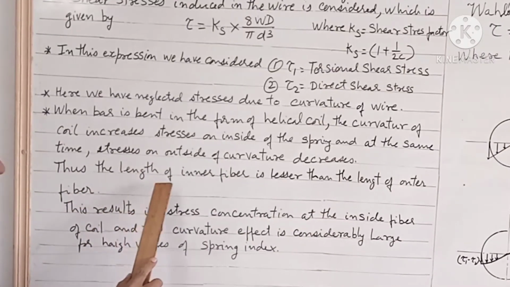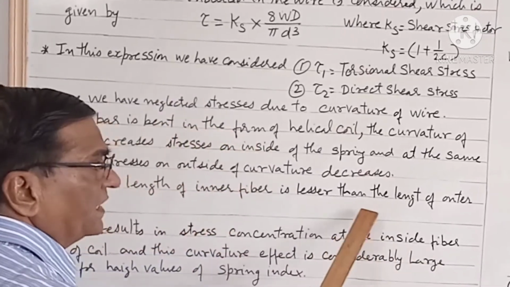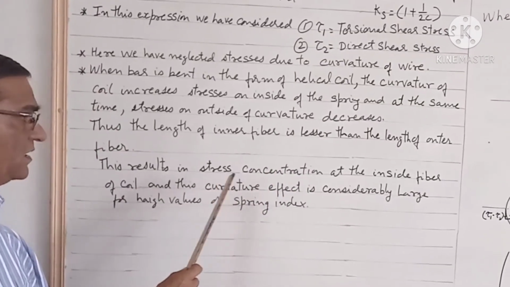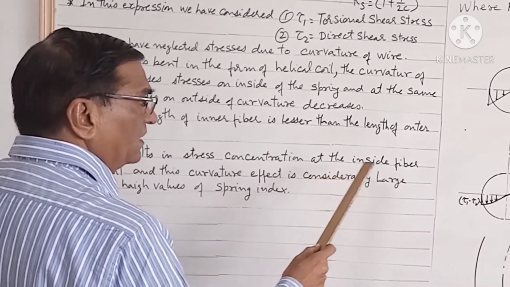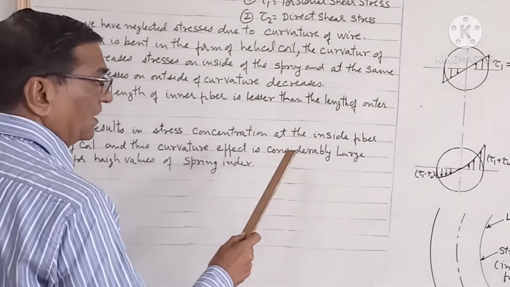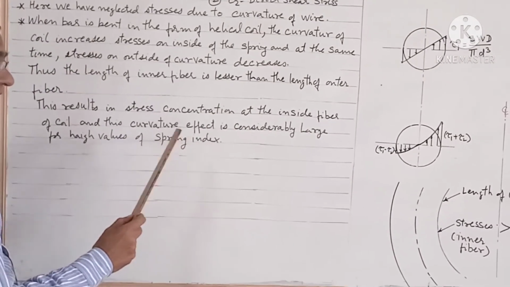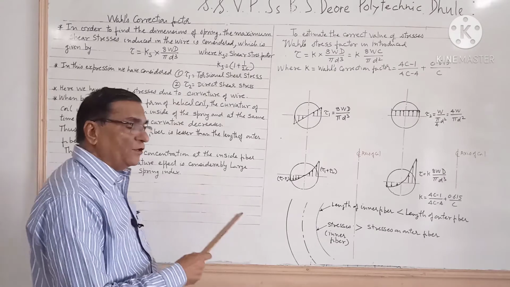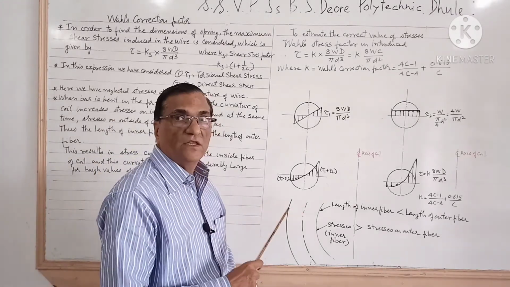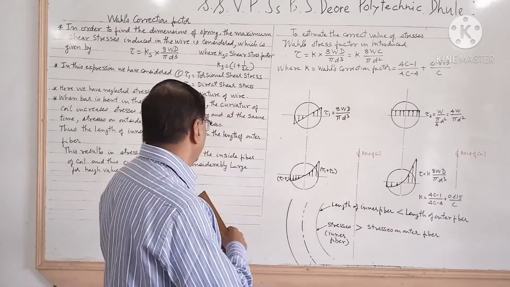Thus the length of the inside fiber is lesser than the length of the outer fiber. This results in stress concentration at the inside fiber of the coil, and this curvature effect is considerably large for high values of spring index. As soon as the value of spring index increases, we have to consider the effect of curvature. We cannot neglect the effect of curvature for higher spring index.